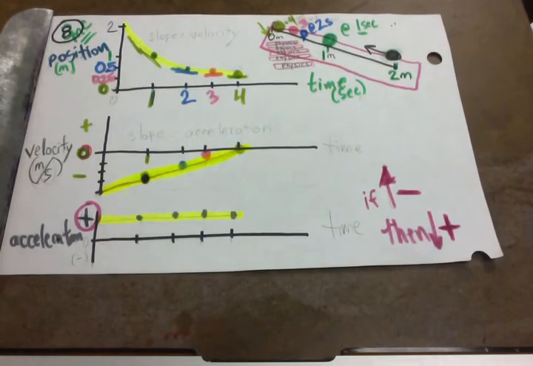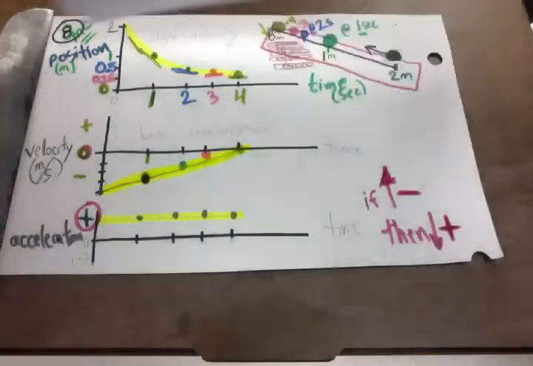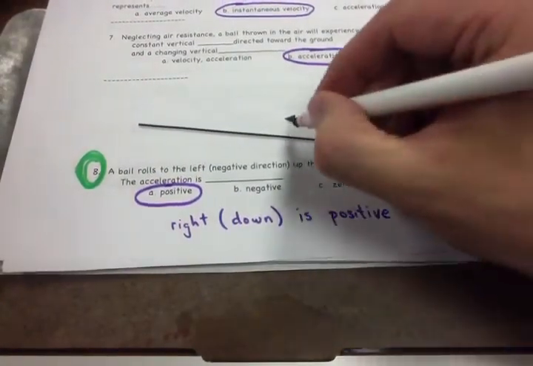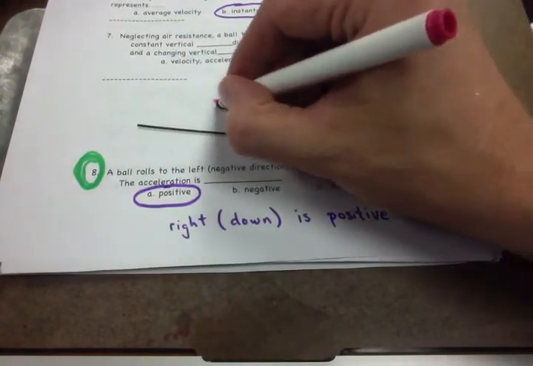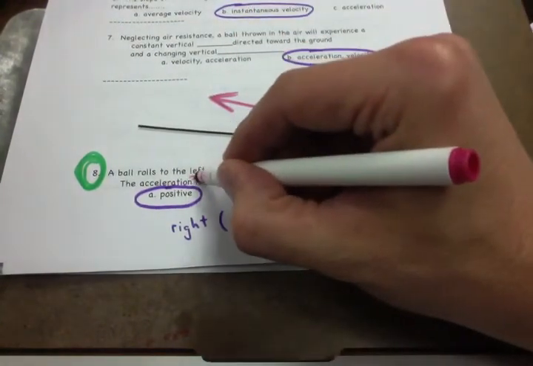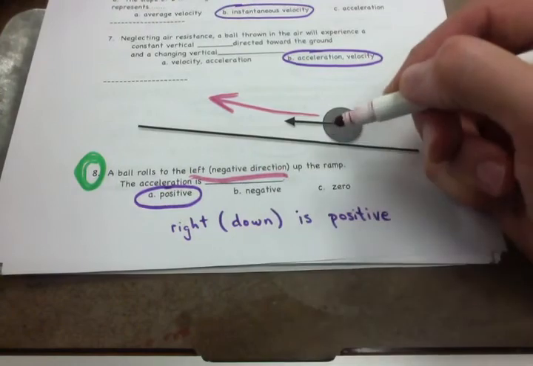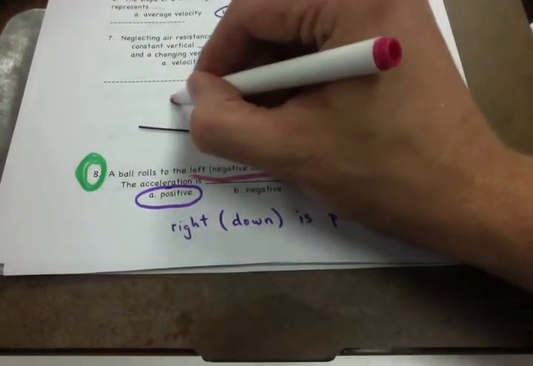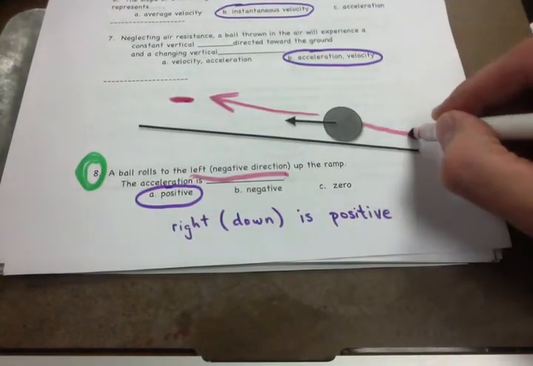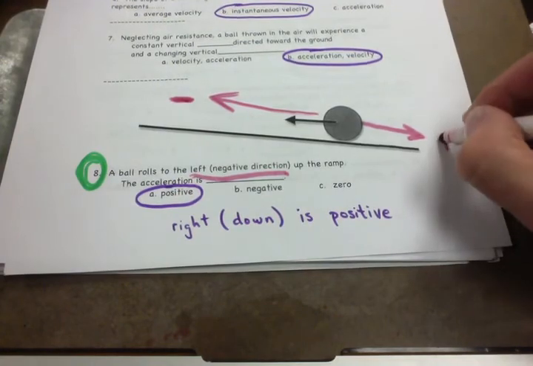So once again, coming back to that original question 8 on the multiple choice. This is coming up this way. It's saying it's rolling left. It's saying it's rolling negative that way. Then this must be positive.